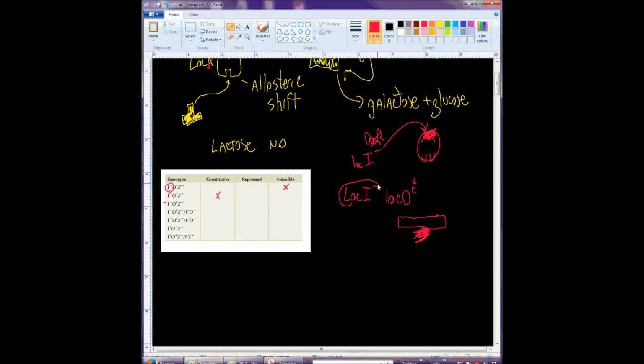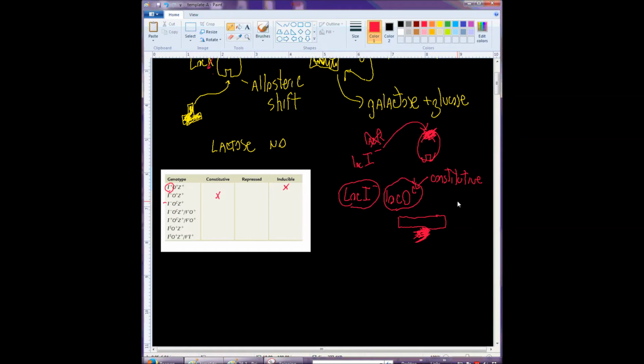So LAC-I is mutated and can't bind the operator, and the operator itself is mutated in the site where the LAC-I protein normally binds. So we have two reasons that this is going to be constitutively expressed. That's what that C means. Constitutive, that's how we spell that, right? Yep.